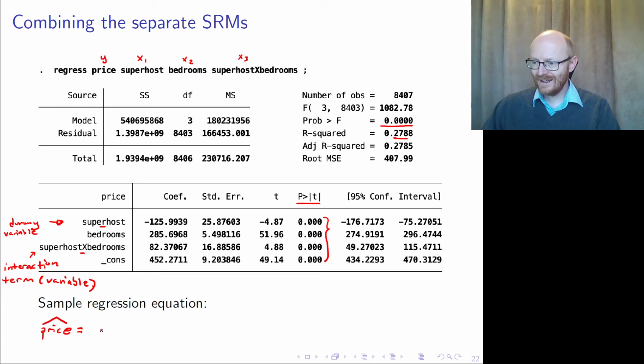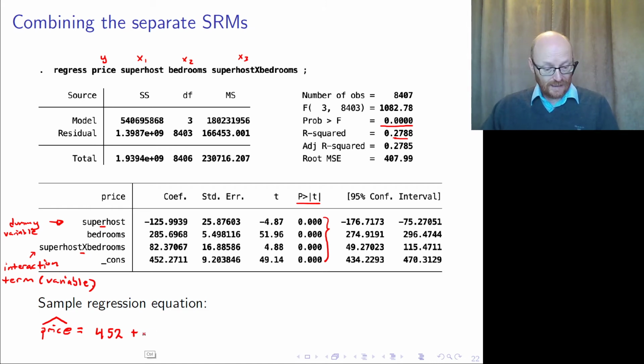So price hat equals the intercept, which is 452, plus the change in intercept if the renter is a superhost.